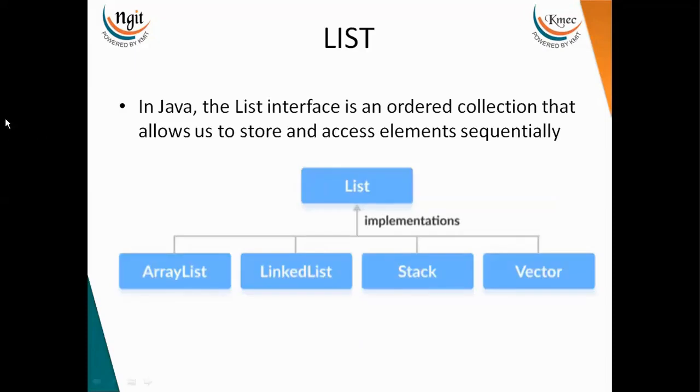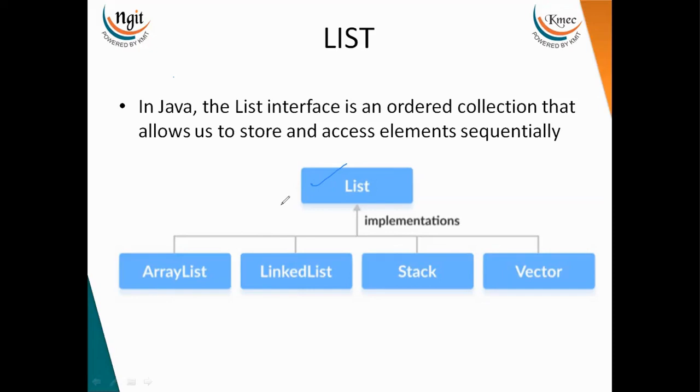The list interface is a sub interface of the collection, right? Whatever methods are there in the collection interface, they are all available to the list interface. So the classes which are implementing this list interface can use the collection interface methods, right? Basically, it's a child interface of the collection interface.